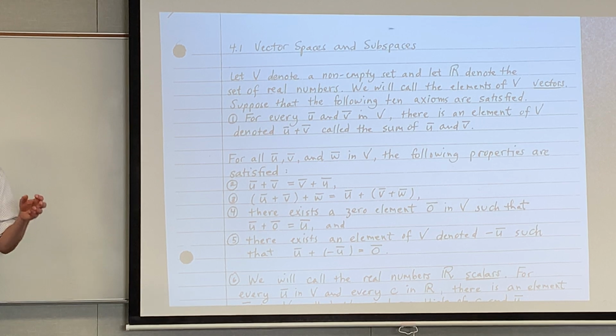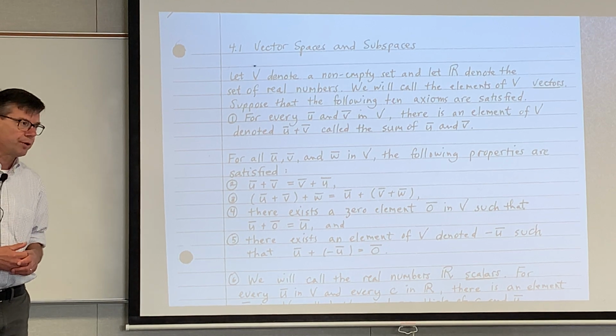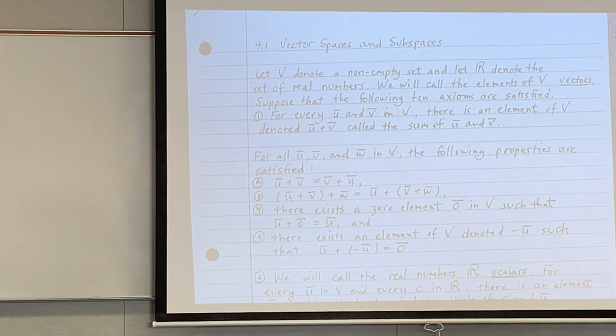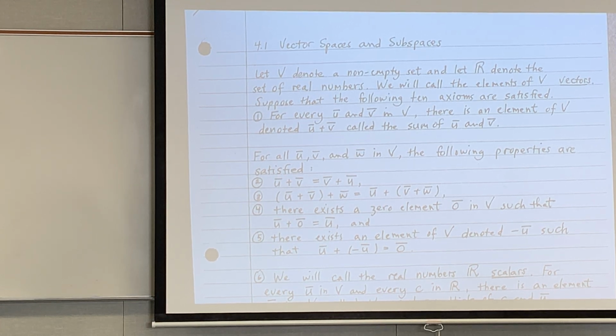The things we call vectors are not going to be vectors in the usual sense as column vectors with so many coordinates like elements of Rn or Rm or R3 or R4. Vectors could be functions. Vectors could be other kinds of objects.